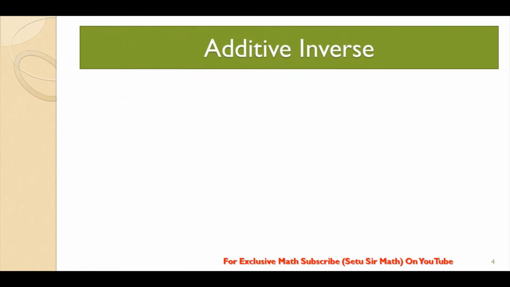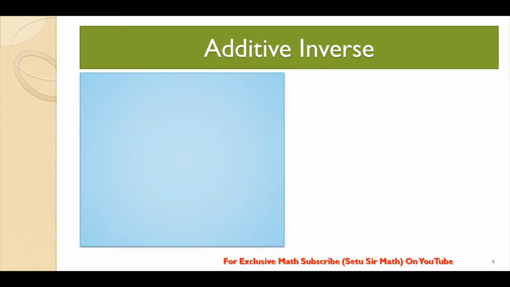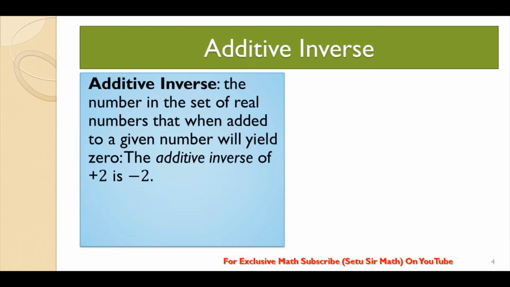Now we have to know another topic, additive inverse, which is new for you. So what is additive inverse? The additive inverse is the number in the set of real numbers that when added to a given number will yield 0.